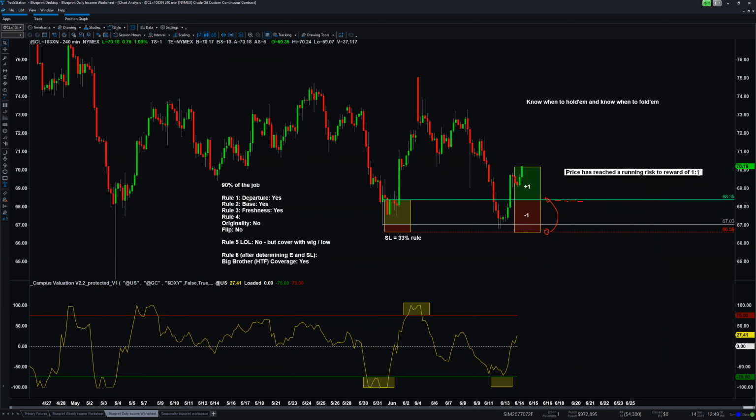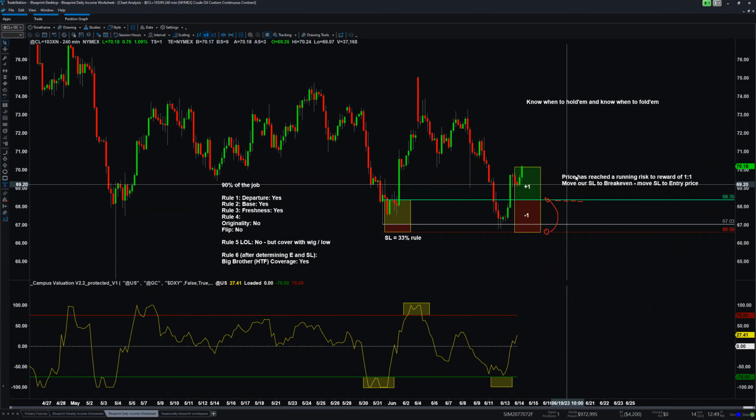So in this case, since it's a sideways trend, we're going to move our stop loss to break even. This means technically move stop loss to entry price, right? Move stop loss to entry price.